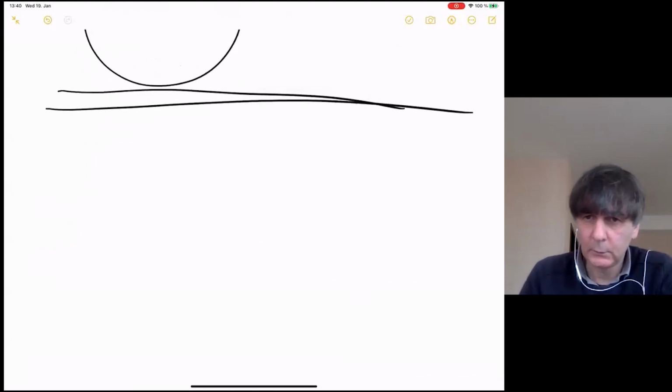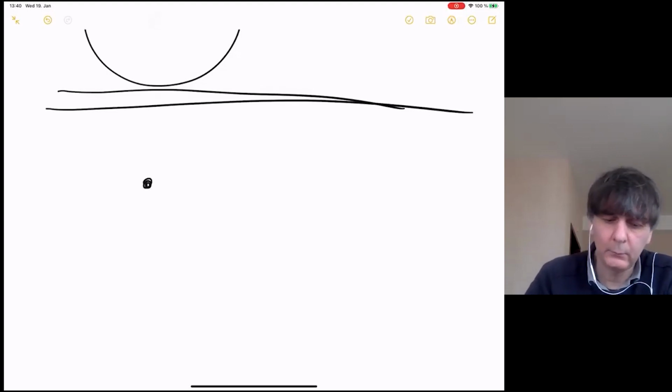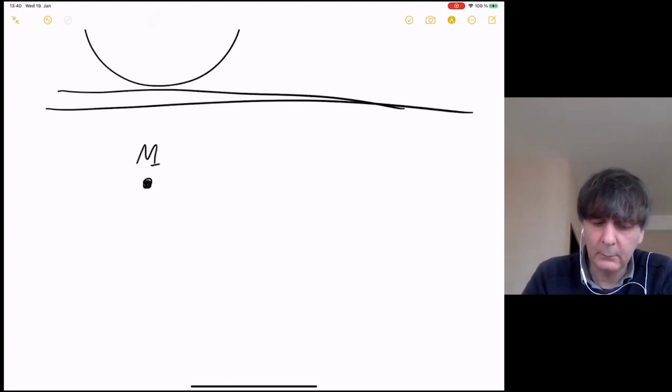We can do this exercise, even in Newtonian gravity, very crudely. Take a particle of mass m.